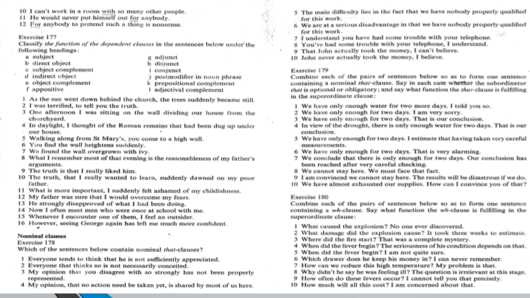I don't want this task. Only just combine them and make it into one sentence that has a nominal that clause. In exercise 180, they are also asking you to combine each pair of sentences below to form one sentence containing a WH clause, and you should also provide the function.